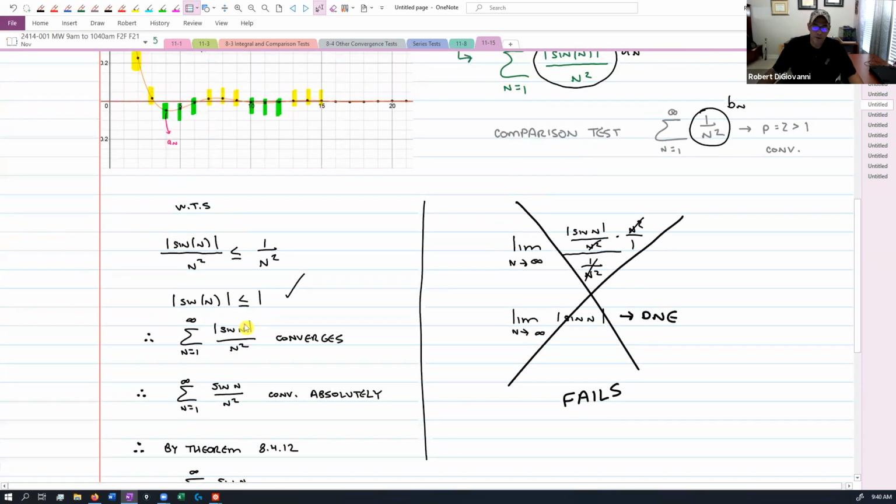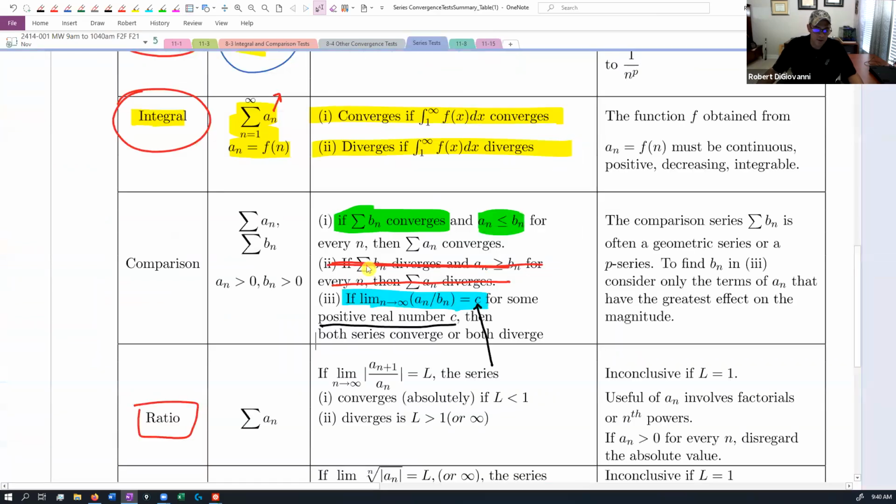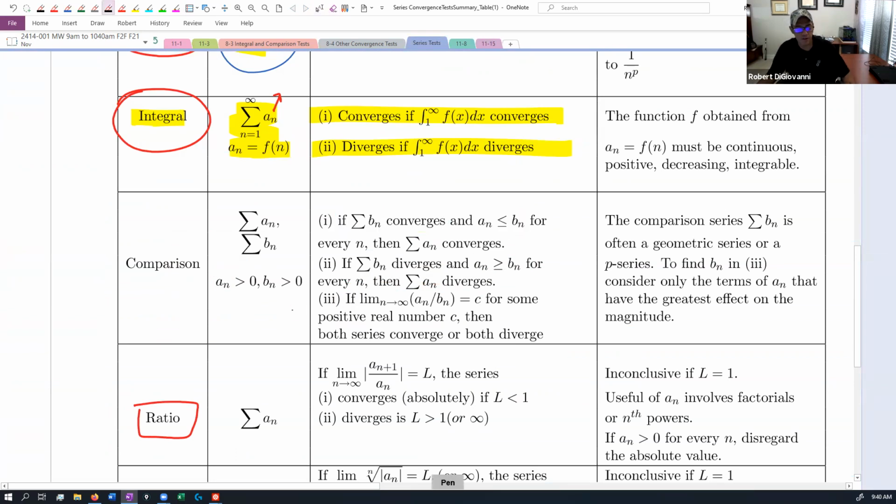So when you look at this series test for comparison, I really try to make sure my students understand that I personally always like to go after the limit first. Let me try the limit, because the limit a lot of times will get you there, but sometimes it doesn't.